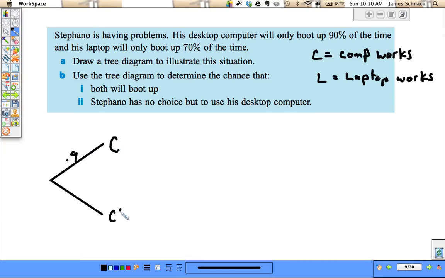From the Venn diagram section, you might remember this notation, not C, the complement of C, C prime. So C is the computer works, C prime, not C, would be the computer doesn't work, and that's 0.1.